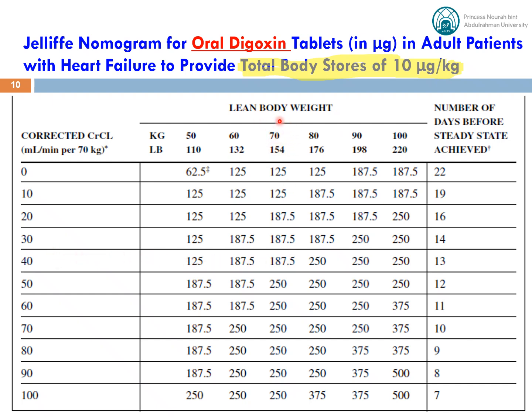Let us talk about this value, which is 40 milliliter per minute corrected creatinine clearance, which is indicating a bad renal functionality. Okay.